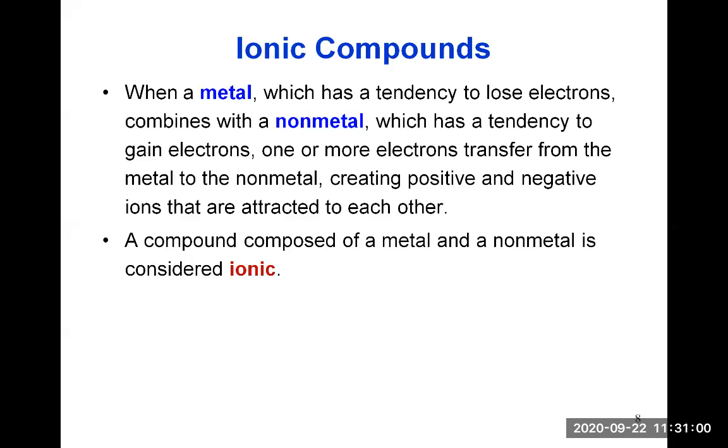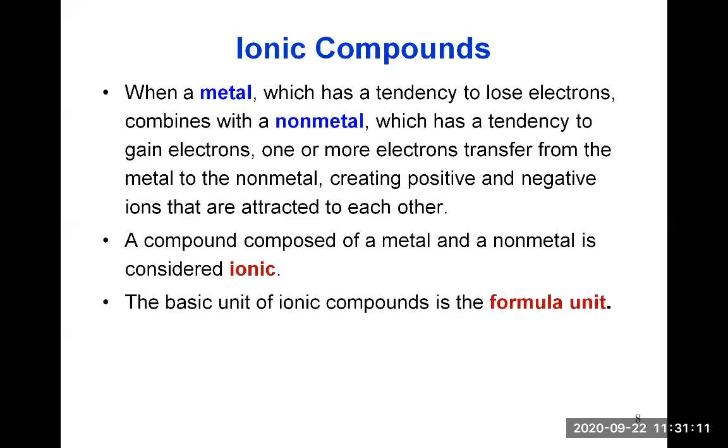So a compound composed of a metal and a non-metal is considered ionic. By definition, an ionic compound is made of metals and non-metals. And so the basic unit for an ionic compound is the formula unit. So don't talk about molecules when you are talking about an ionic compound.